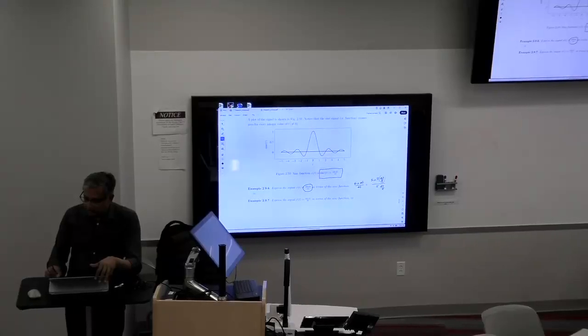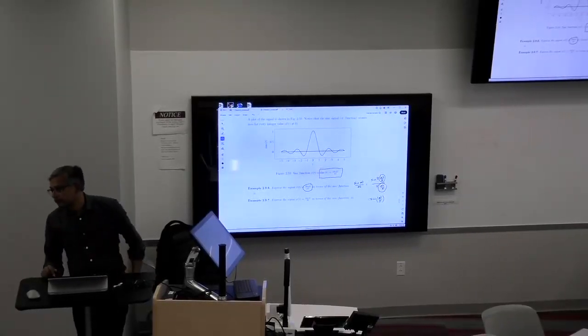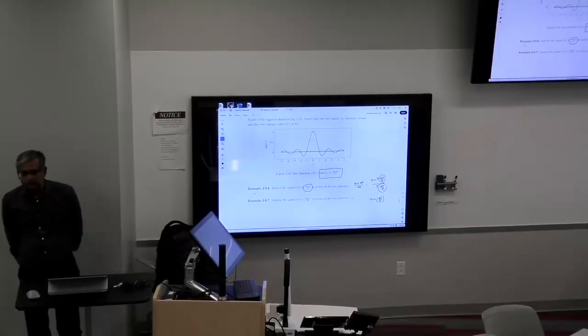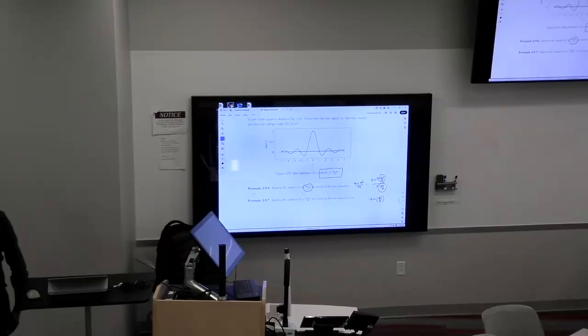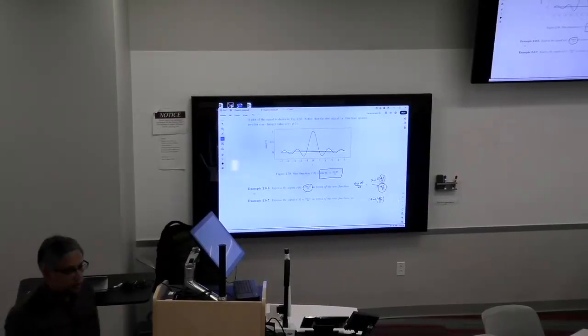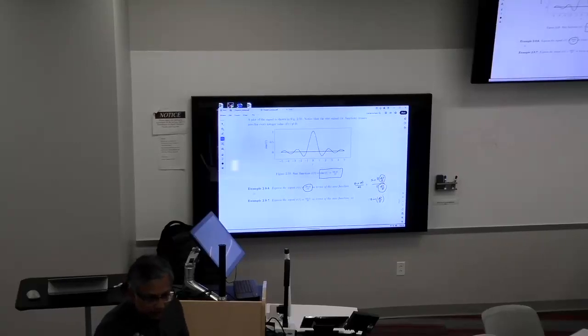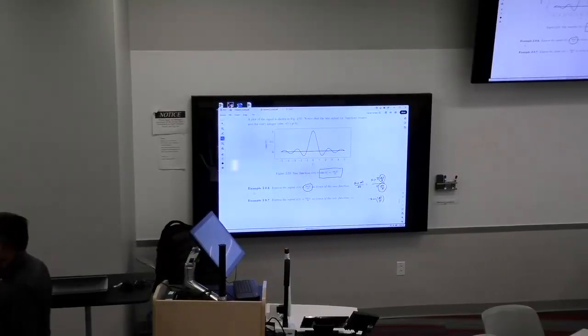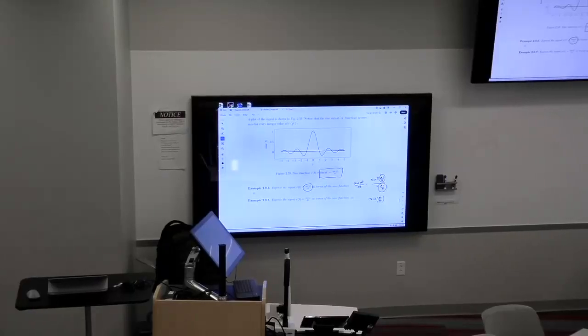Now if I treat this as my t, then this is nothing but sinc of at over pi. That makes sense? And if you do the reverse, it's easier to see. Sinc of at over pi by definition should be sine of pi times at over pi divided by pi times at over pi. It should give me back sine at over at.